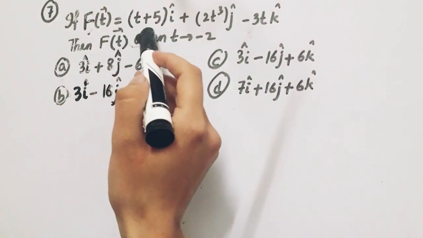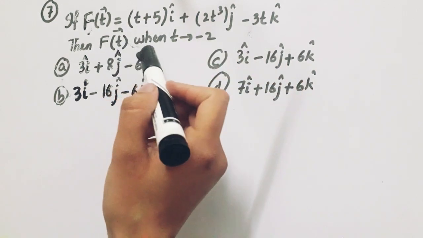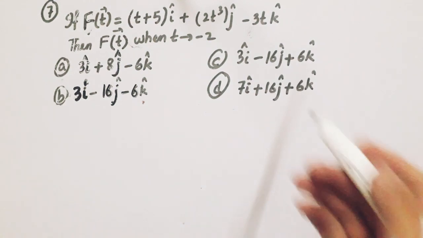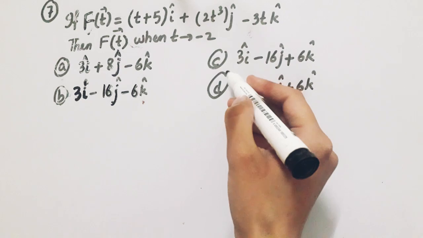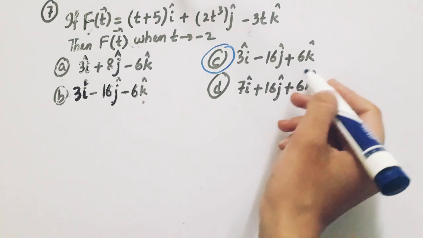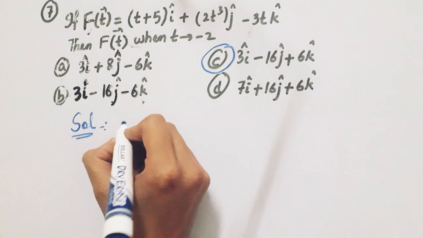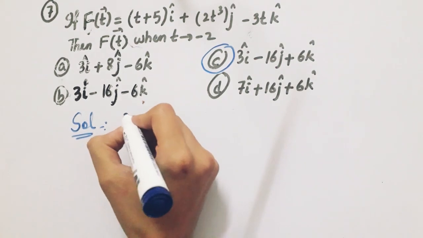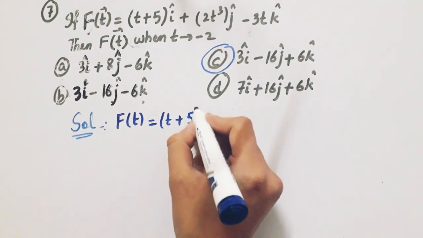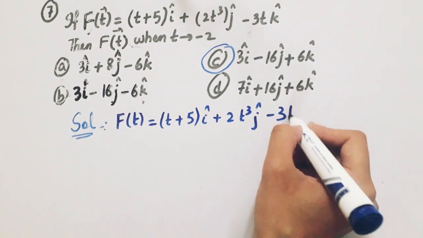Now if f of t is equal to t plus 5 i plus 2t cube j minus 3t k, then find the limit of f of t when t approaches minus 2. The right answer is option C, 3i minus 16j plus 6k. Now the reason behind this: f of t is equal to t plus 5 i plus 2t cube j minus 3t k.